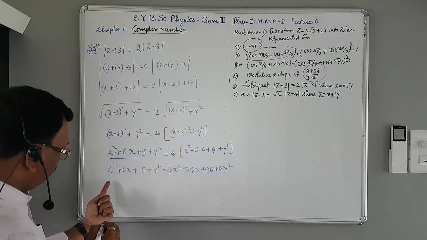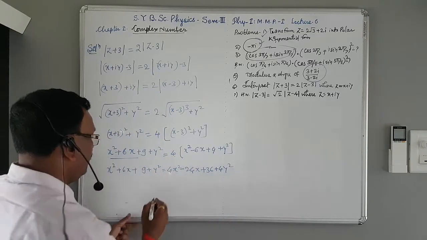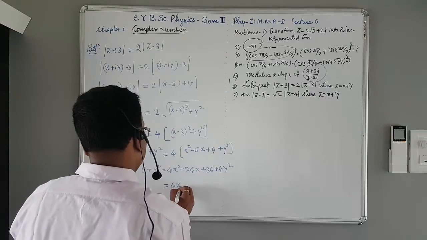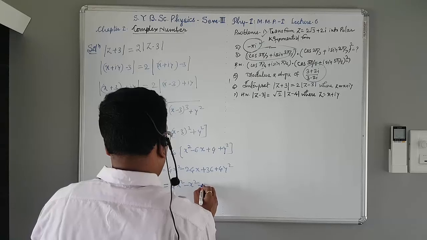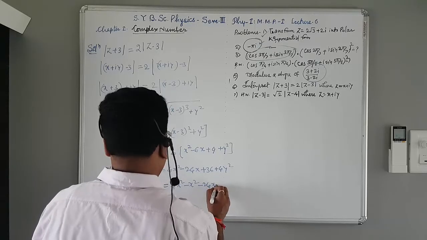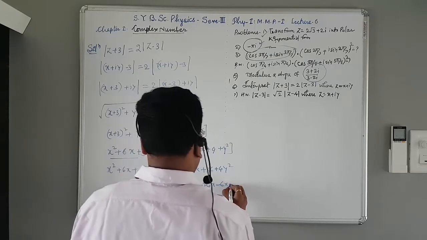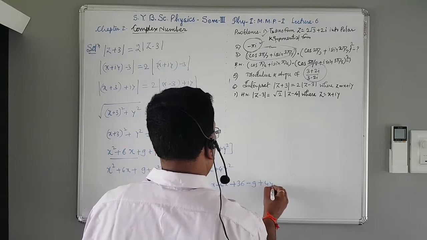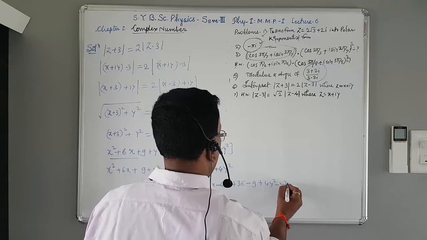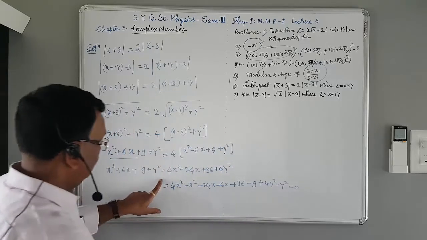Again take this term from this side to this side, we have 4x square minus x square minus 24x minus 6x plus 36 minus 9 plus 4y square minus y square, and this is equal to 0.